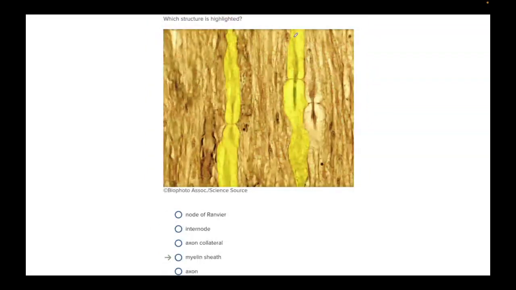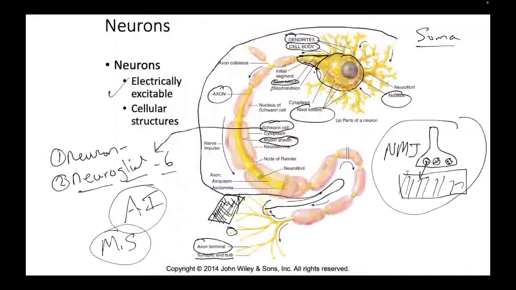Okay, now here we're looking at the yellow structure. Now let me go back here so we can make some sense of this. So here is the axon, and we can see the Schwann cells. This is a Schwann cell, and this is a Schwann cell, and this is a Schwann cell.